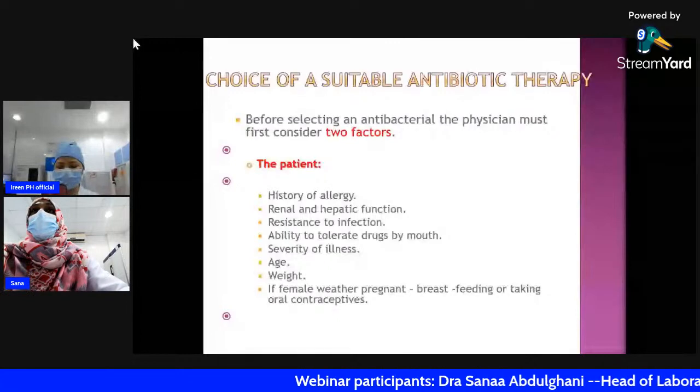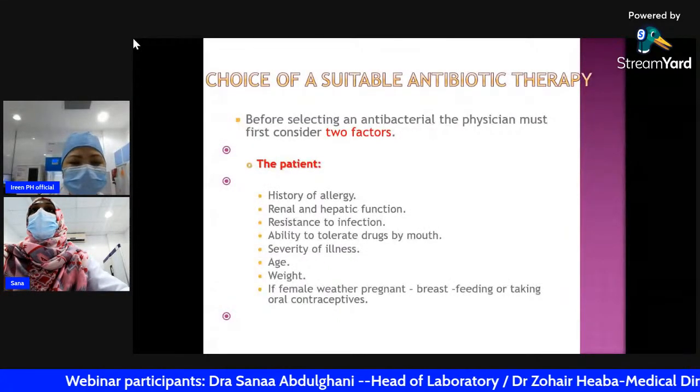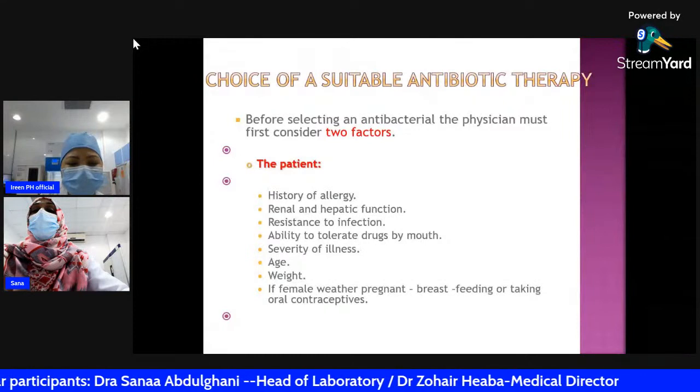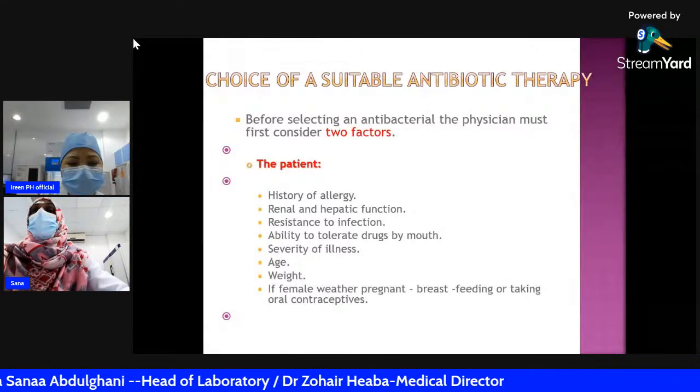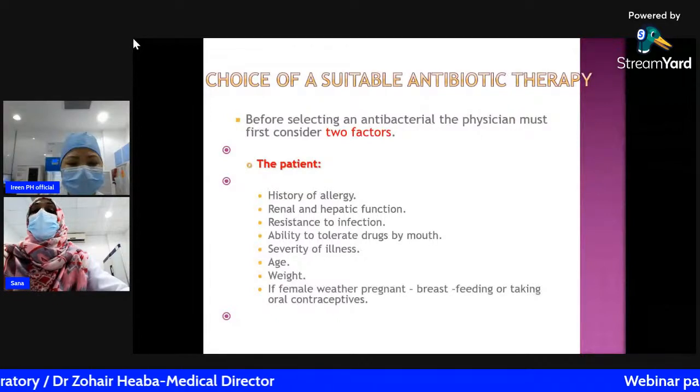Second, duration of therapy, dosage, and route of administration depend on site of infection, nature of infection, severity of infection, and response to treatment.